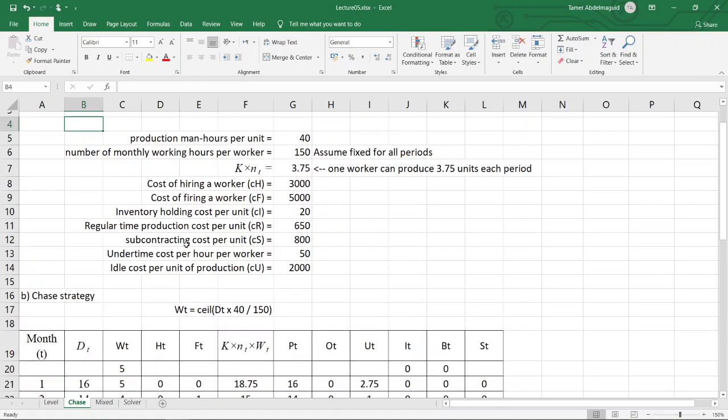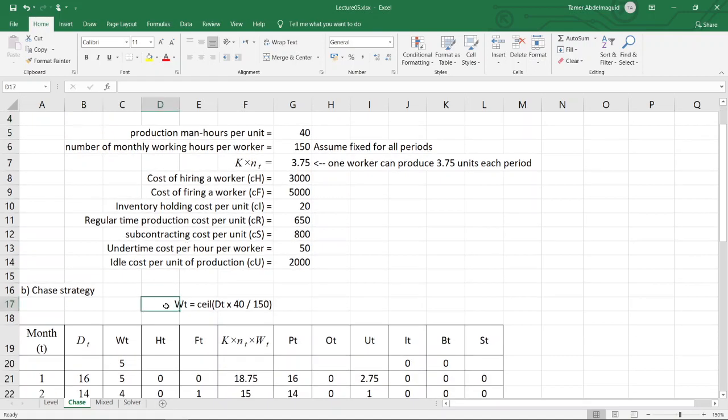Okay, and in addition to that, we decide on how we are going to calculate the number of workers in a given period. Because here in the chase strategy, this strategy works by looking for the number of units demanded in a given period, and then based on that number, I calculate the required number of workers that can fulfill that demand.